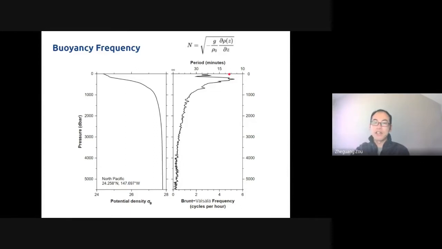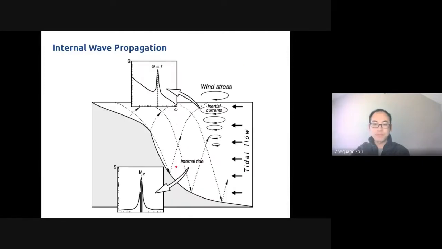We can think about it this way. The buoyancy frequency at shallow depths is much larger than at deeper depths. When the wave travels, you always have the vertical component, which is due to the rotation, the f, and that doesn't change with depth. But the horizontal component will change depending on where you are. If you are very close to the surface, you will have a very big buoyancy frequency, but as you go deep, it gets smaller and smaller.